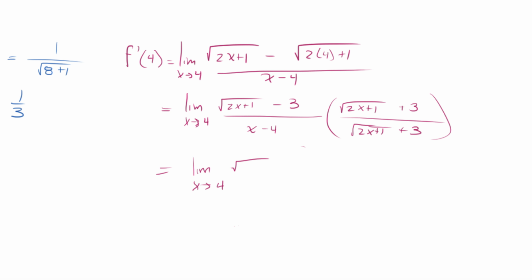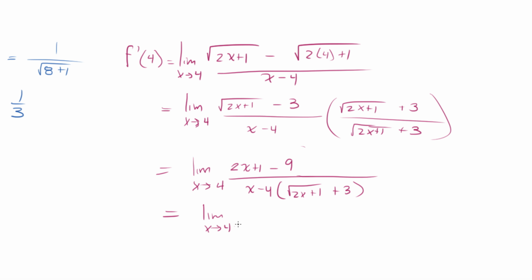So again, 2x plus 1 minus 9 over x minus 4 times this entire term, 2x plus 1 plus 3. Okay? And same deal. So you're going to have x approaches 4. Factorize the 2, you get x minus 4 over x minus 4 times radical 2x plus 1 plus 3.